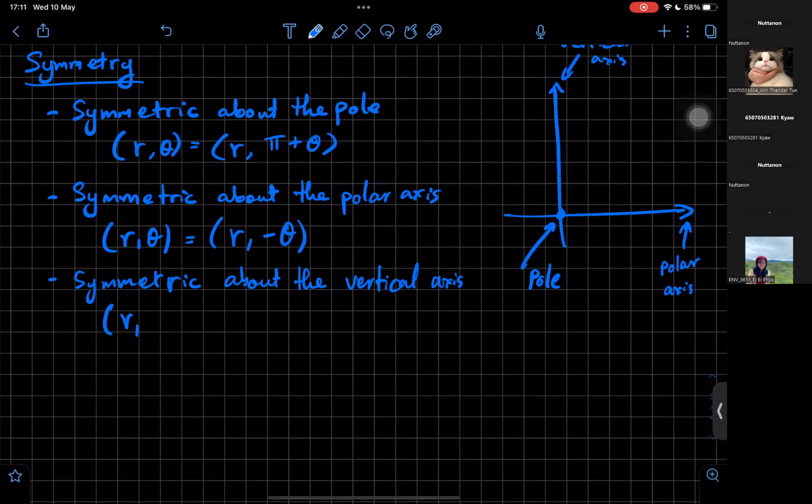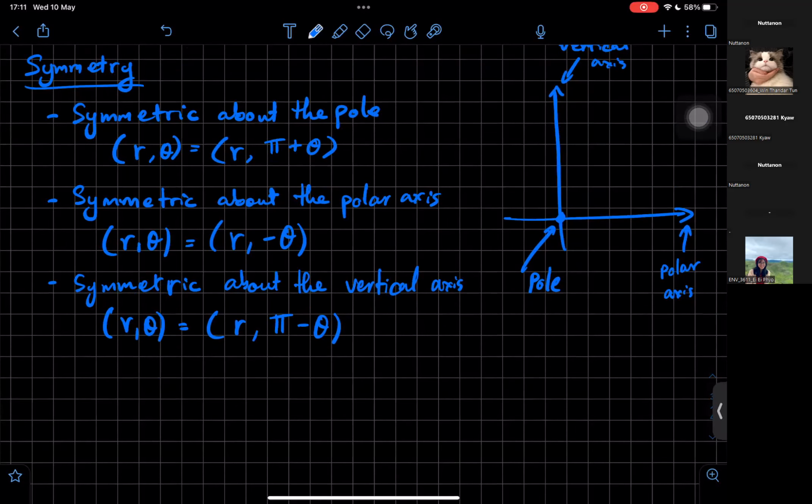And the last one is r of theta equal to r of pi minus theta, like this one. So this is the symmetry.